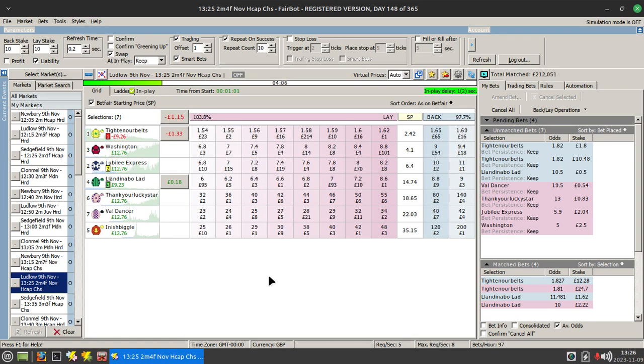But with the killer fill removed, you're always going to have lays sitting in the market, so you mustn't go back in and get involved unless, of course, the repeat on success has looped round every single count. But generally speaking, that's not going to happen, and so you need to hover over the cancel all option and get ready to cancel as and when.